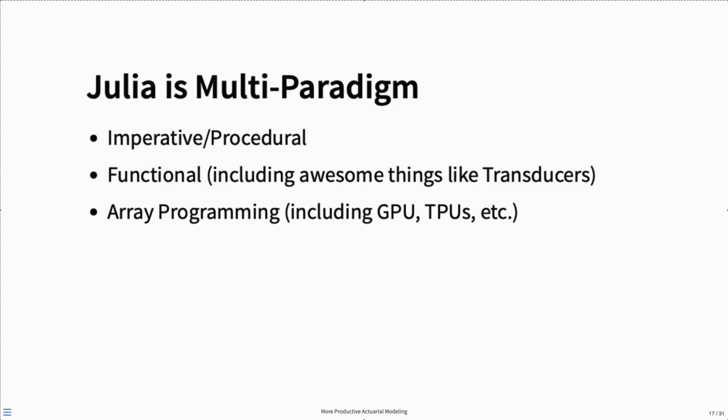Array programming is also fully supported, so if you're very familiar with like NumPy type coding or programming on GPUs or TPUs, Julia has first-class support for that type of approach.